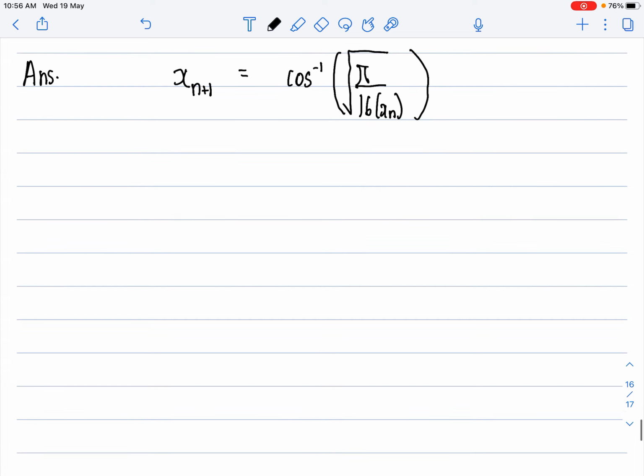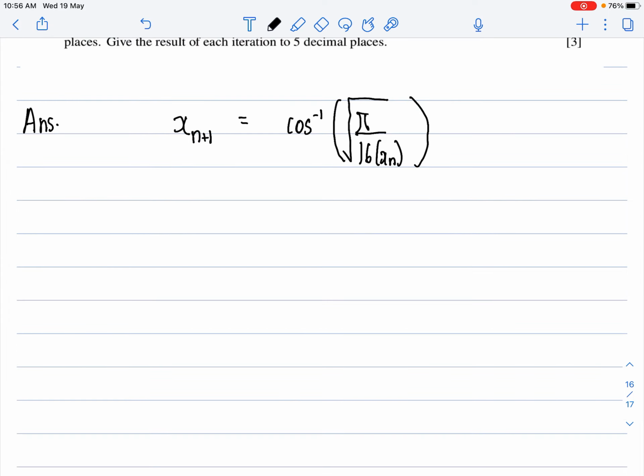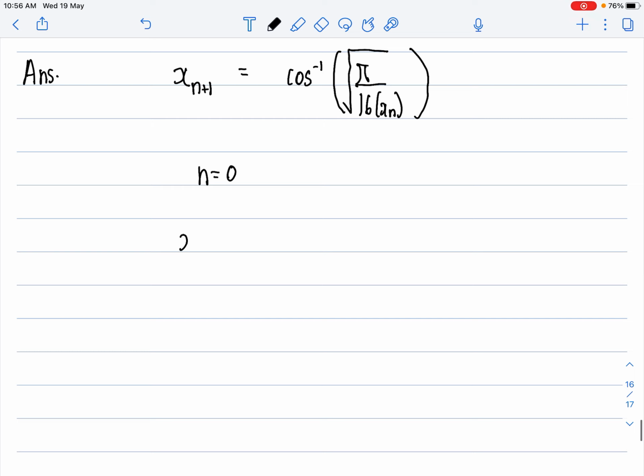So my first step is to take n as 0. When I take n as 0, I get x1 equals the cos inverse of root of pi over 16 into x0, because I have only xn here.